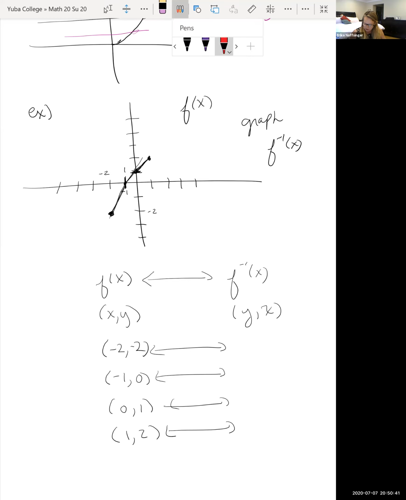And so -2, -2, swapping x and y doesn't do anything. It's still at -2, -2. So we have this point here. -1, 0 now becomes 0, -1. 0, 1 becomes 1, 0. And 1, 2 becomes 2, 1.